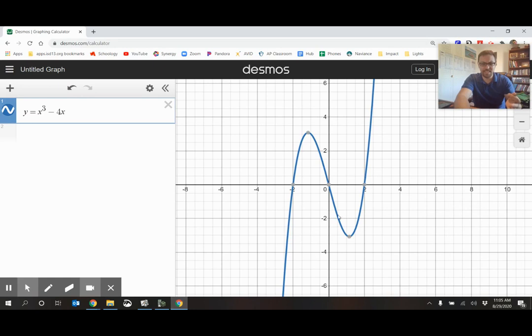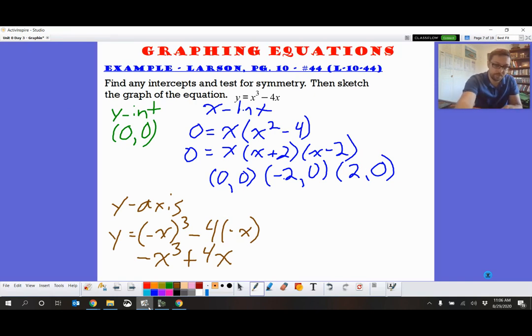And you can even see that on Desmos. If you use the y-axis here as a mirror line, it doesn't look the same on both sides. So that's no good in terms of y-axis symmetry. Let's check x-axis symmetry. For this one, we're going to slap a negative in front of the whole thing and see if nothing changes.